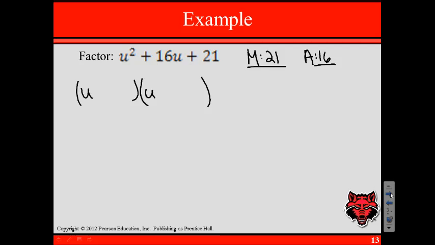And the factors of 21, 1 times 21, those would add to 22. That's not good. We also have 3 times 7. Those would add to 10. That's not good. And we have run out of factors, at least integer factors. So we have no factors that will satisfy both conditions. We would say that this polynomial is prime.